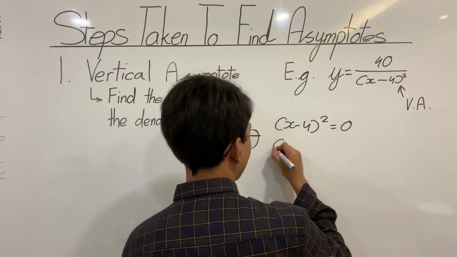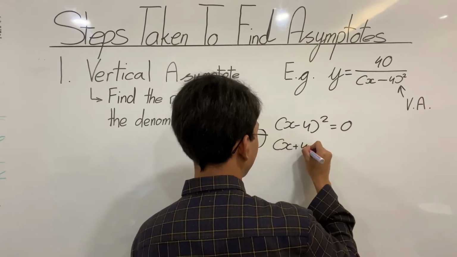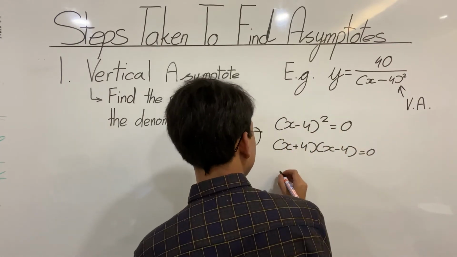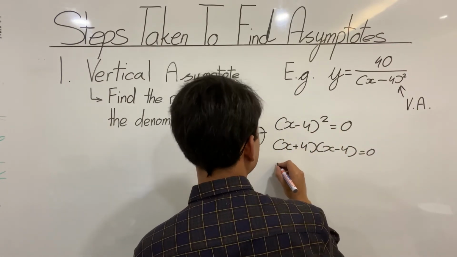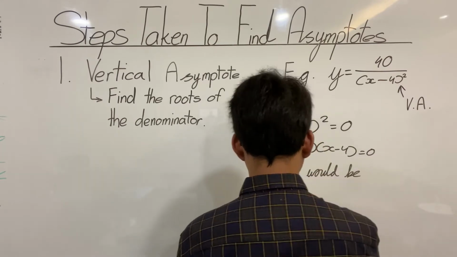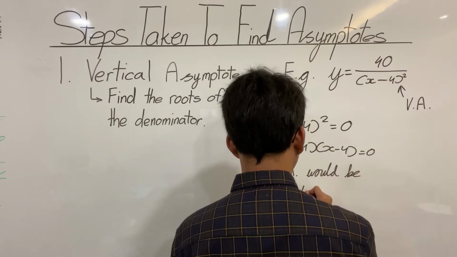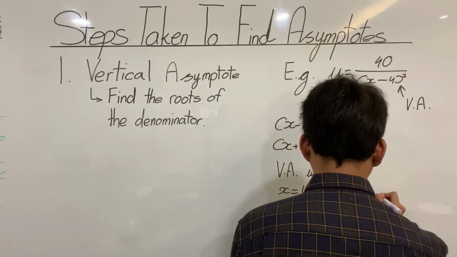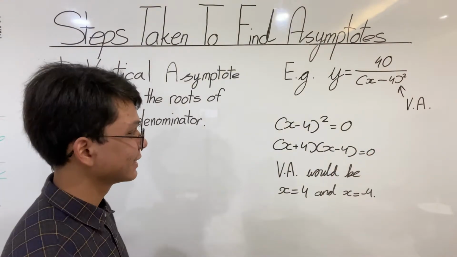You have x plus 4 and x minus 4. Hence, the vertical asymptote would be x equals 4 and x equals negative 4. Simple.